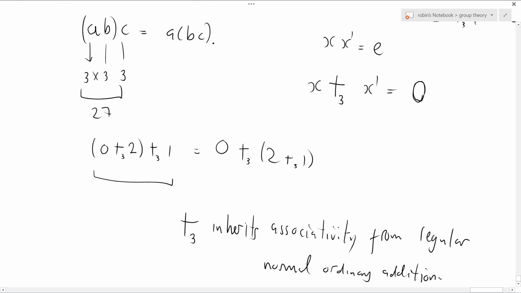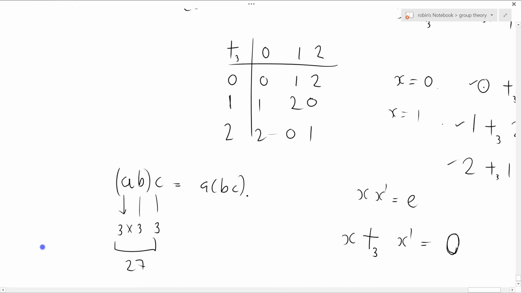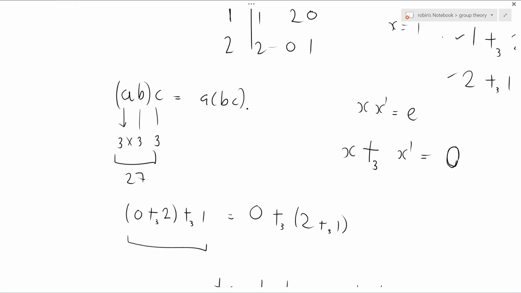Believe me, it is very much more efficient in terms of your time to see if you can show associativity by reducing it to some other operation which you're more familiar with than it is to go through all the possible combinations. Establishing associativity is quite hard. Okay, so there's a nice little group, addition modulo 3.